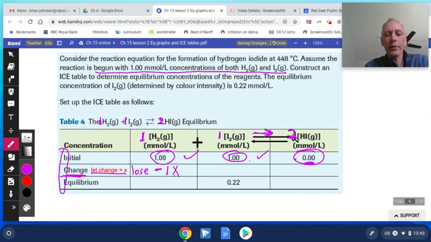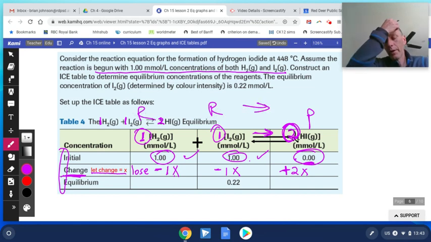This one is also going forward, so we're going to lose one amount of iodine. Now it's going forward to the product side, so we're going to gain on the product side. How much? 2 amounts. Right there. So lose 1, gain 2 as this thing moves forward, uses up reactants, and makes products.